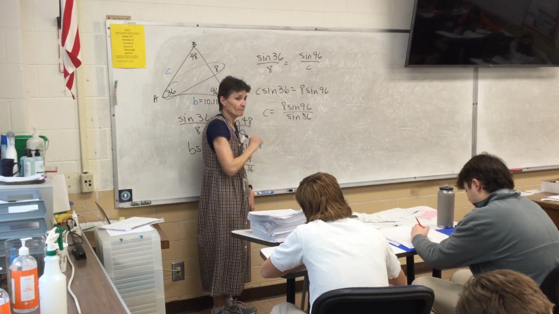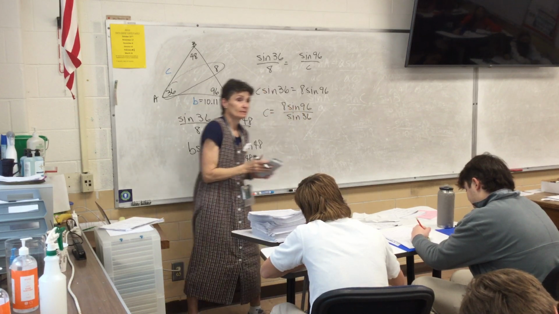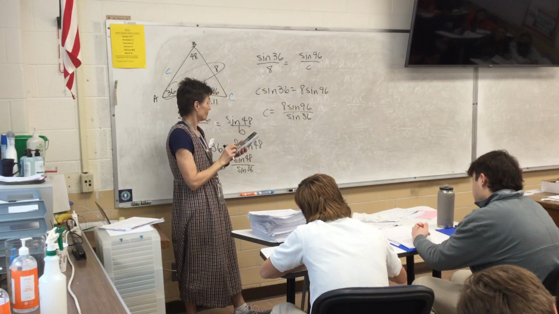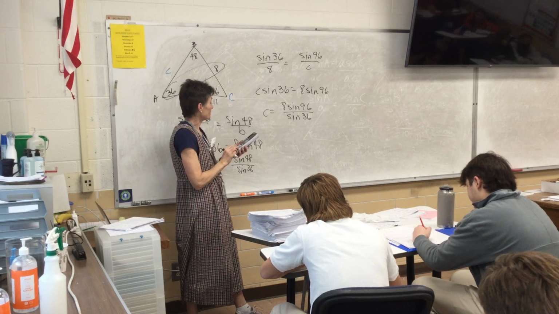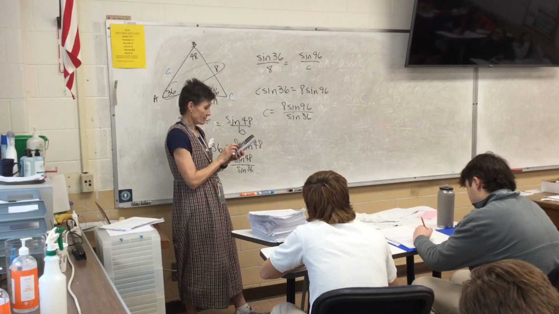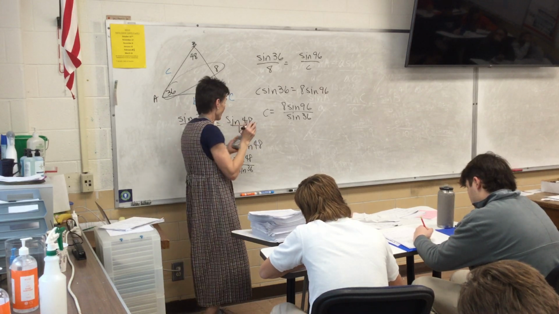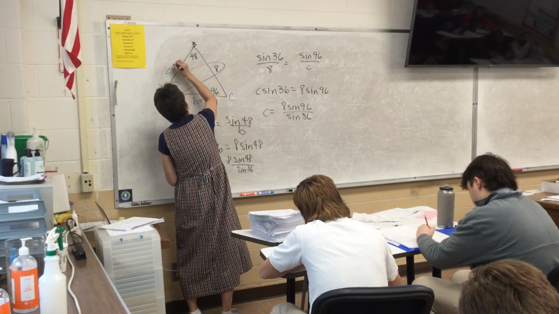Anybody have a question about what I'm doing? Is everybody following along here? So 8 sine 96, close parentheses, divided by sine 36. I got 13.54 for that one.